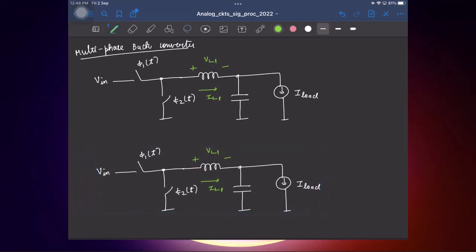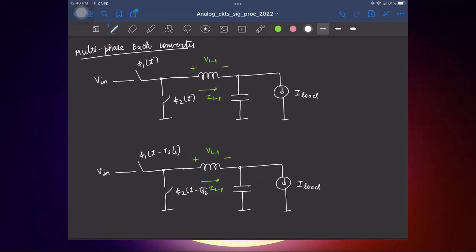So what should I change for the two path operation in the second circuit? Basically, the thing to notice is the clock phases must be delayed by Ts by 2. Okay, yeah, pi phase, but in time it's Ts by 2, right?